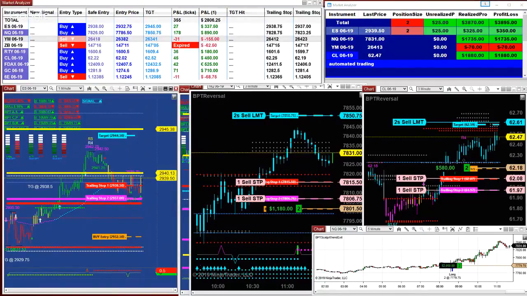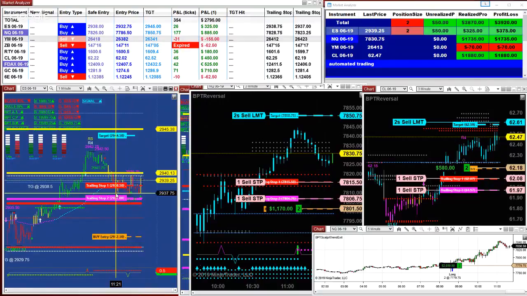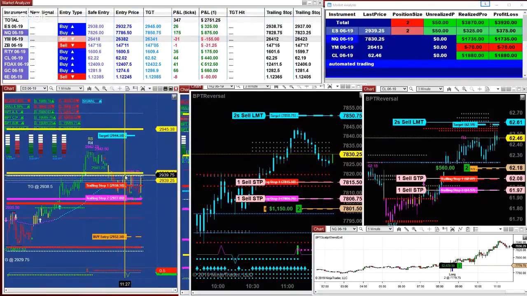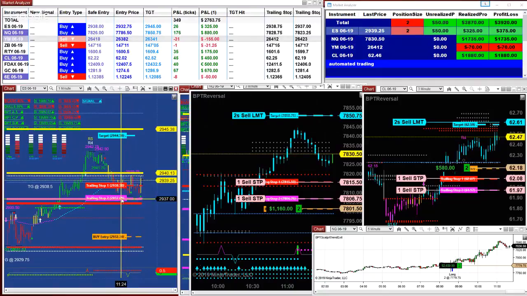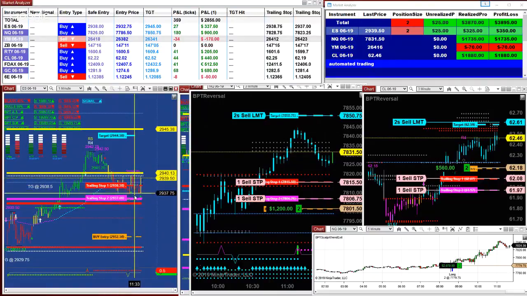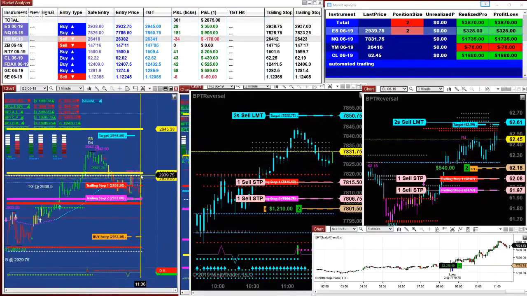If we notice, the ES came in for the last half an hour and couldn't break the 37 level. So now we are caught between the resistance 39.75 and the 37 level. And we need to see an exit either below here or above here.